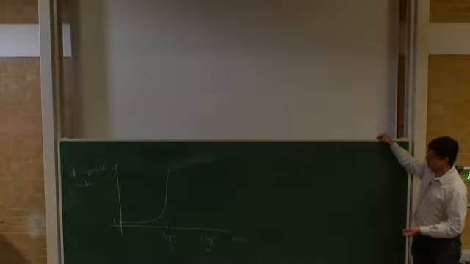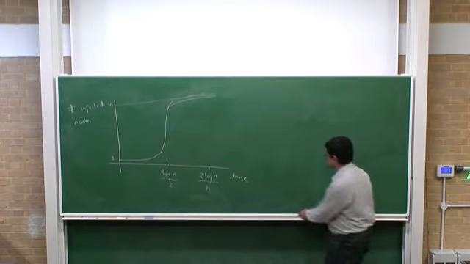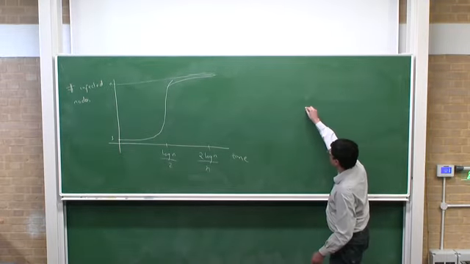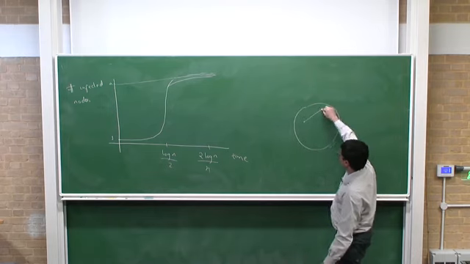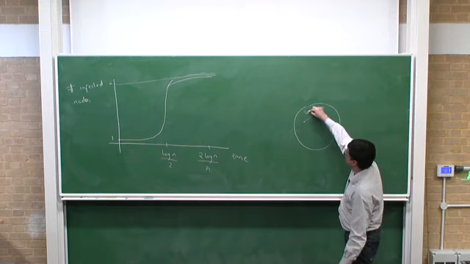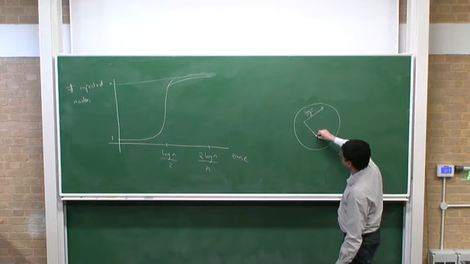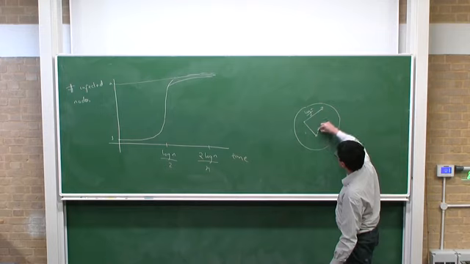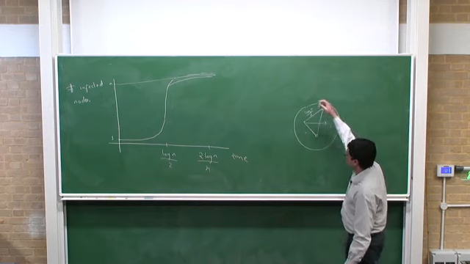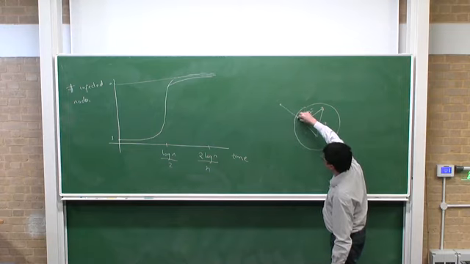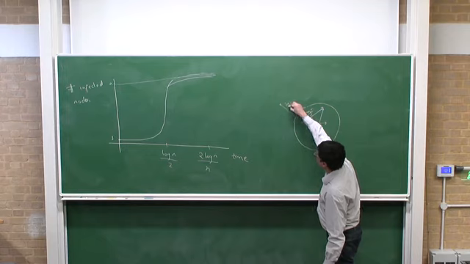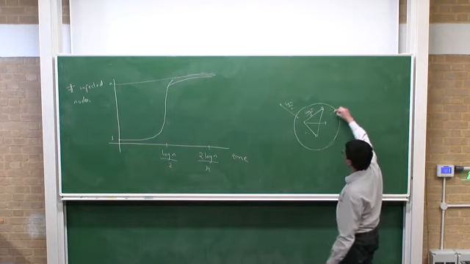And so you can pick these remote nodes. The structure of your graph looks like this. You have a dense core where the distance between any two vertices is log N over N. And then there are things out here which are log N over N away from anybody.